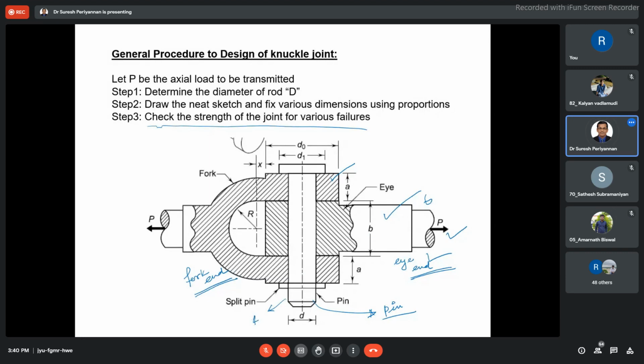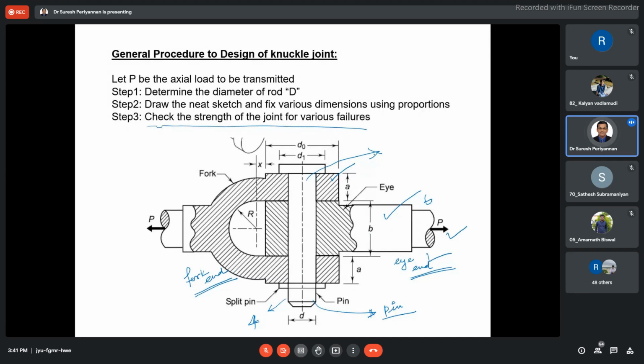Because once the failure happens, only the pin component is going to be broken. The fork or eye end is not damaged. Hence, we can prevent failure or damage to the other components while transmitting the power.